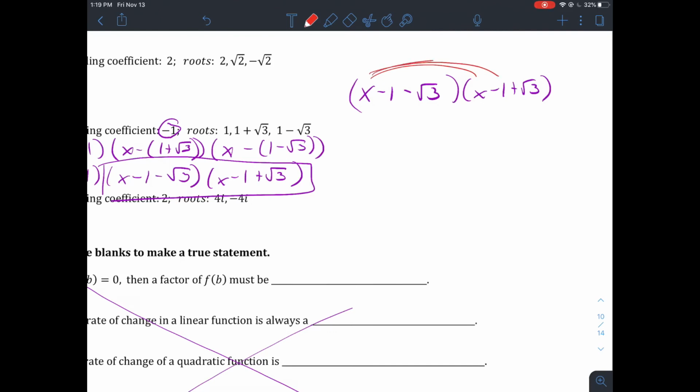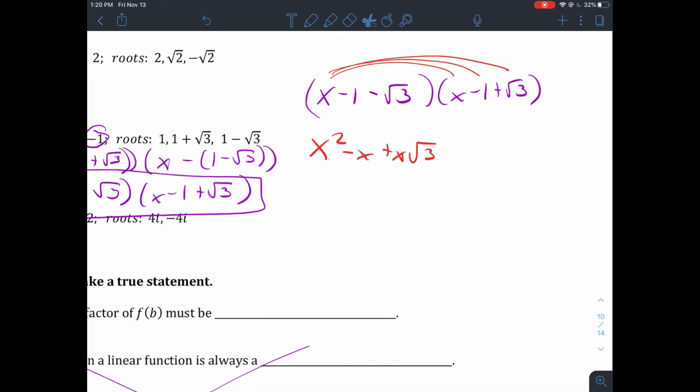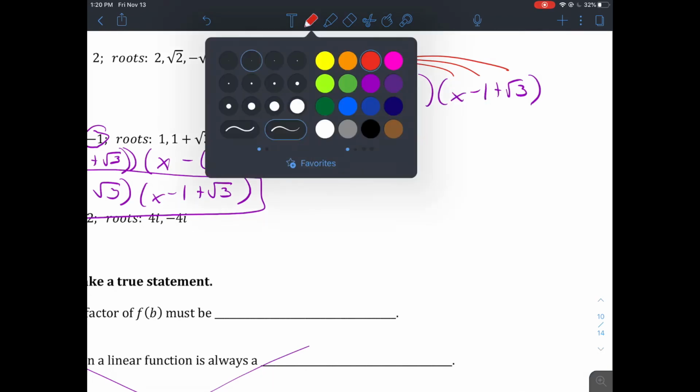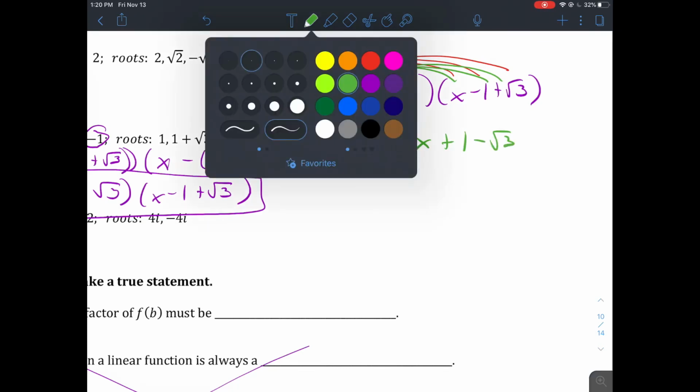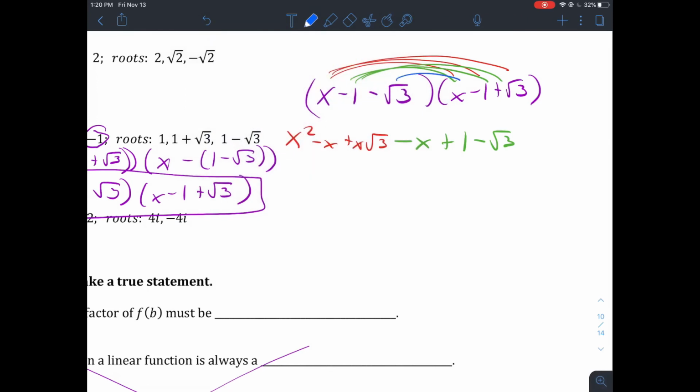So let's distribute this x. We get x squared minus x plus x root 3. I'm going to run out of space, I think, here. Then let's go ahead and distribute this -1. So you're going to get minus x plus 1 minus root 3. And then we're going to distribute this negative root 3.